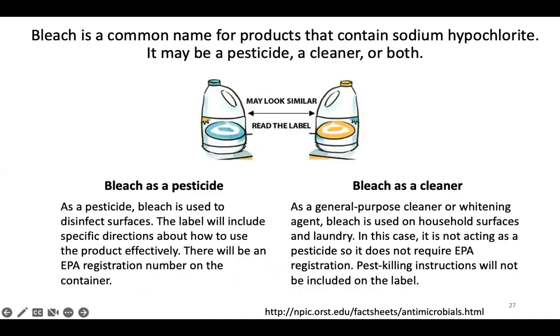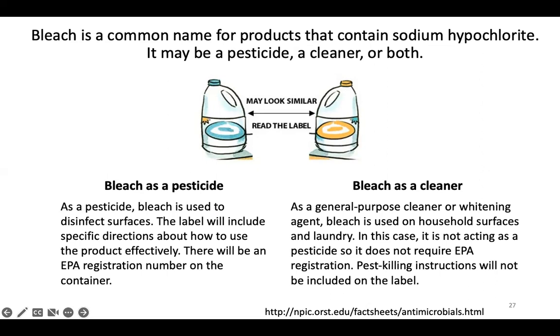Here we talk about bleach. Bleach is a common name for products that contain sodium hypochlorite. Sometimes bleach can be a pesticide, a cleaner, or both. When bleach is considered a cleaner, it is a general purpose cleaner or whitening agent. You may find bleach in laundry detergent or cleaning agents, used on household surfaces and in the laundry.